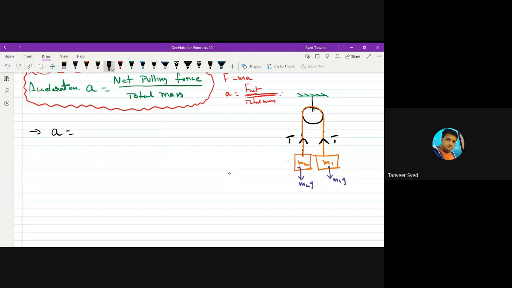It's tug of war. So all questions related to pulley block systems are tug of war questions. This is the rope. If you apply the concept of tug of war, you can easily do all the questions.